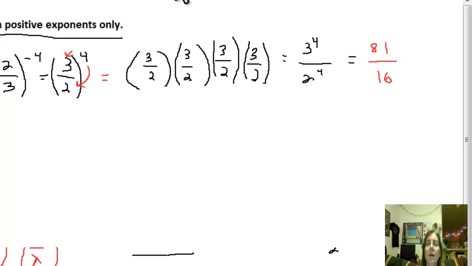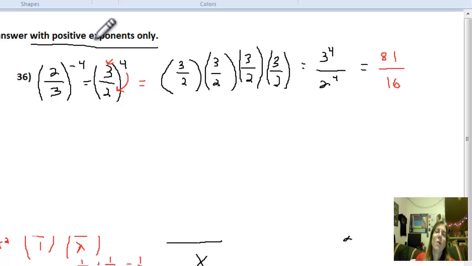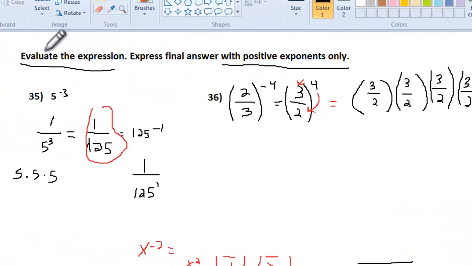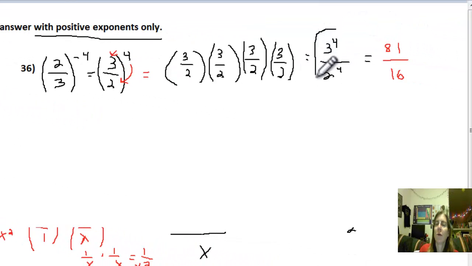And we can't reduce that. So ultimately, you change the negative exponent to a positive exponent by reversing the fraction and making the exponent positive, which means it's 3 to the 4th over 2 to the 4th. Then you evaluated the expression by simplifying the exponents down to 81 over 16.